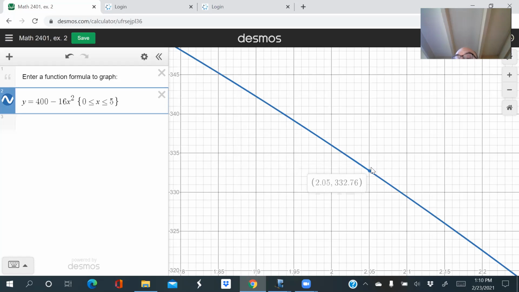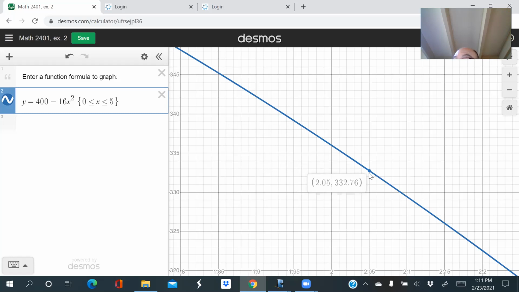So what we know is f of 1.95 is 339.16, the value y'all wrote down, and f of 2.05 is 332.76. And let's do our average rate of change calculation with these numbers.